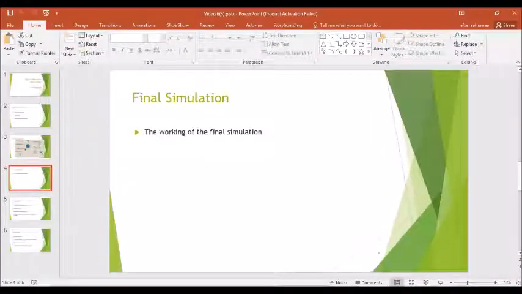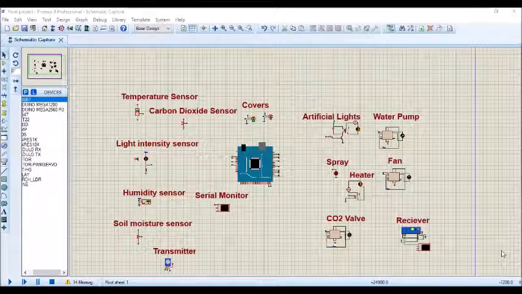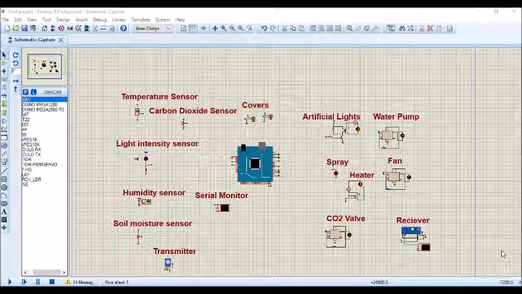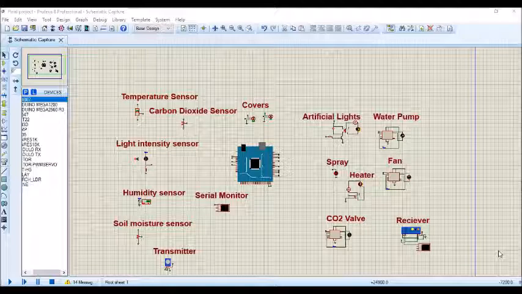In this slide, I will be showing the working of the final simulation. As stated earlier, all the sensors were assembled together with Arduino Mega and the circuit worked as expected.